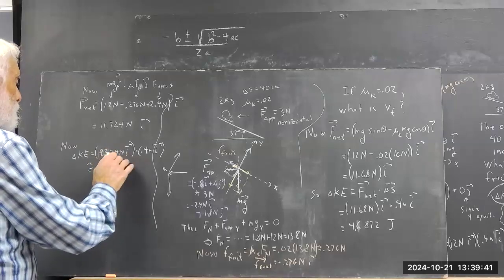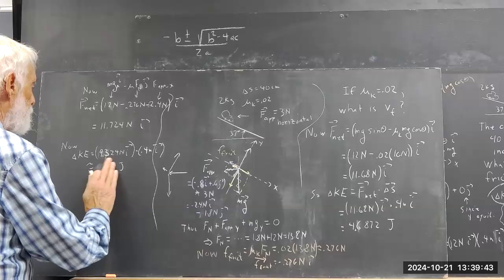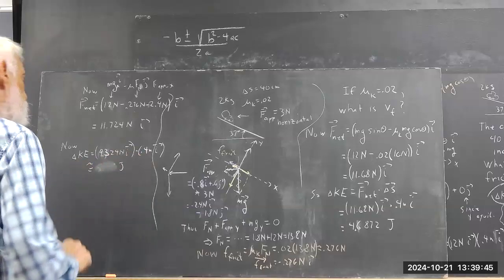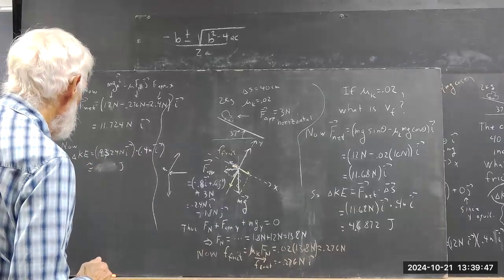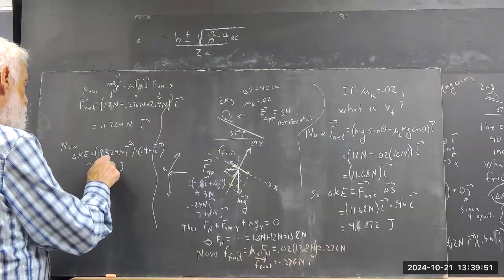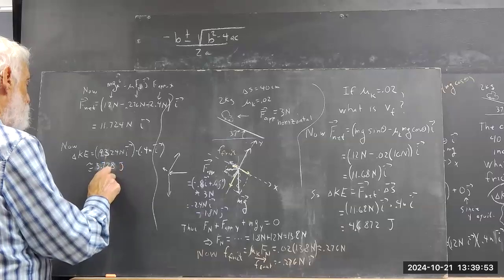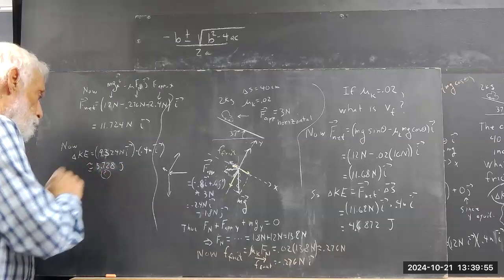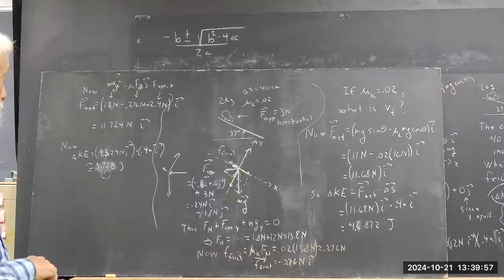And that's number reduced times I. And we take 0.4 times that and we get 3.728. Little question mark on that number, but I think 3.7 is about right, except that can't be right.